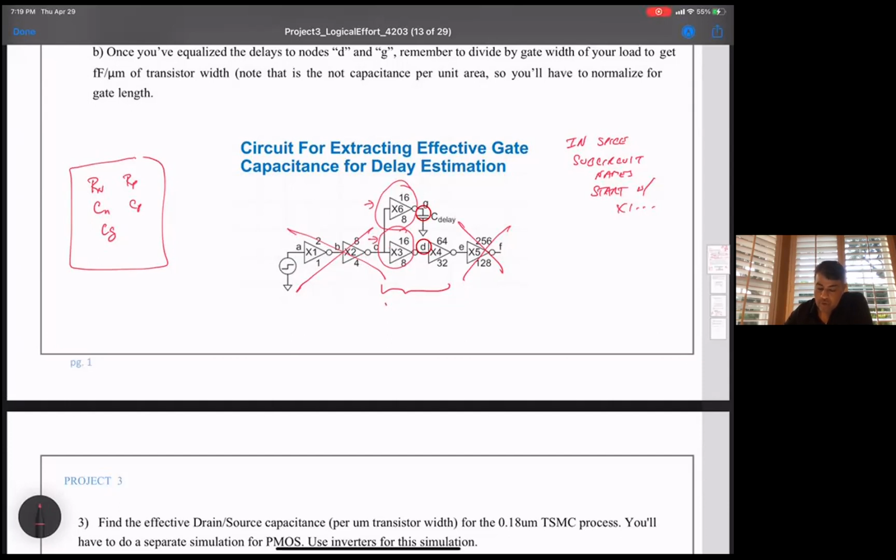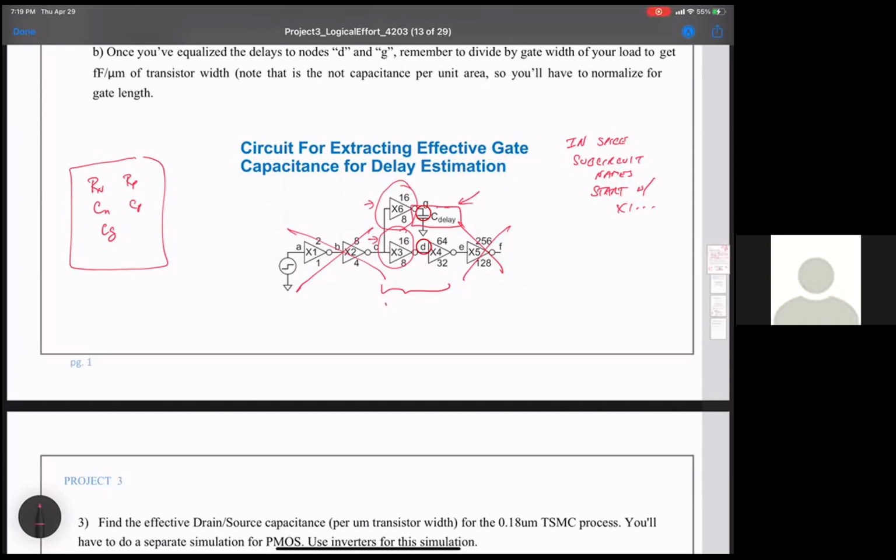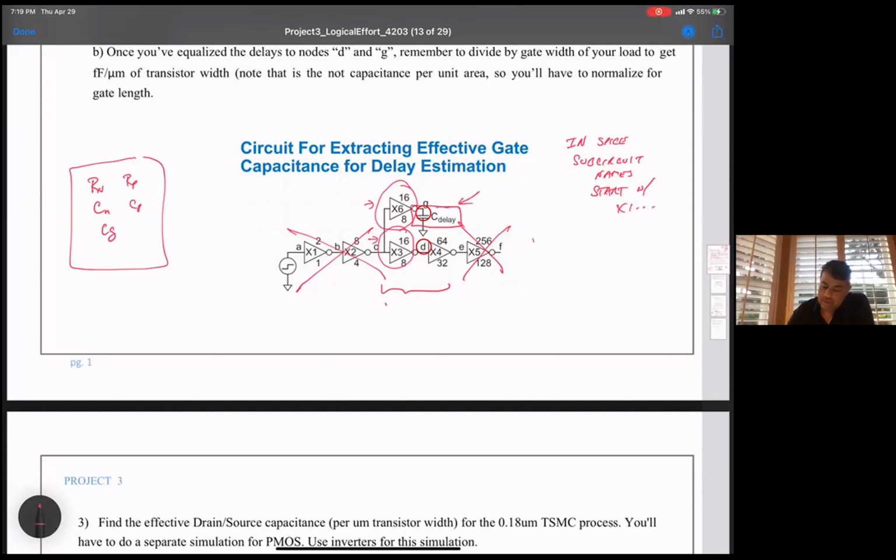So if this capacitor C delay, if you size it such that, let me try to draw, let's put in time and voltage.